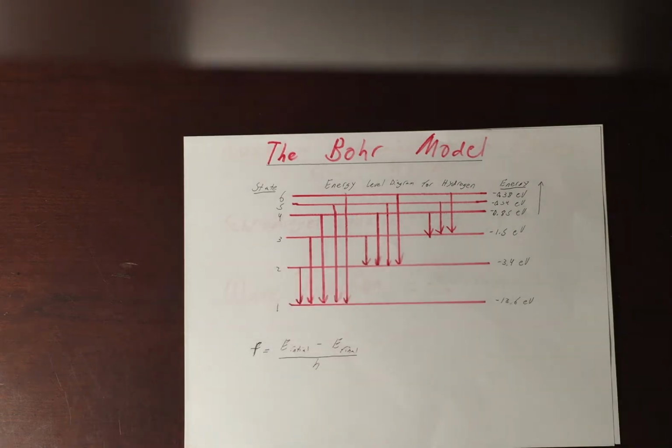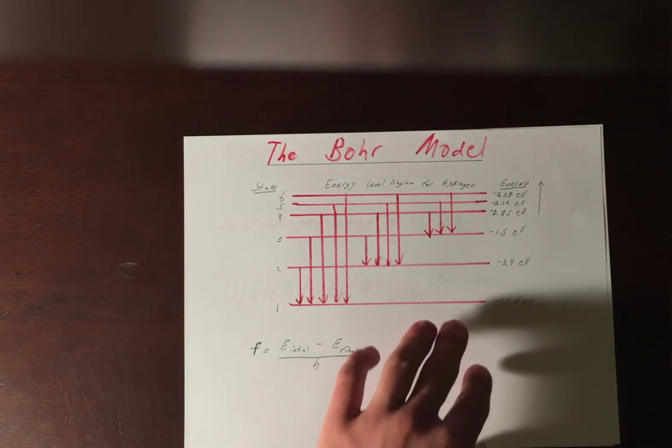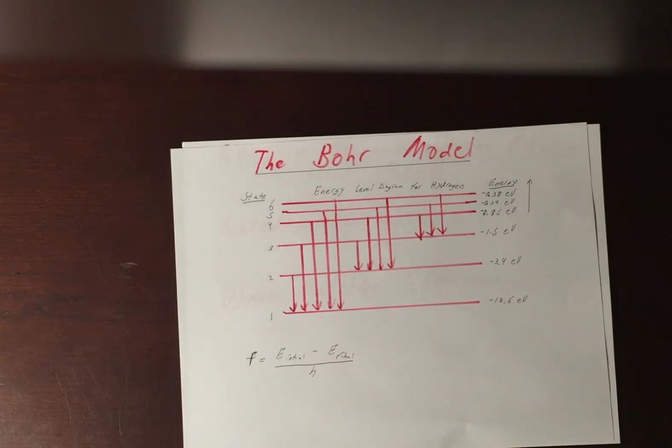This equation is what you are going to use to find the energy emitted by a photon. And the needed energy to free an electron from an atom is known as the ionization energy.